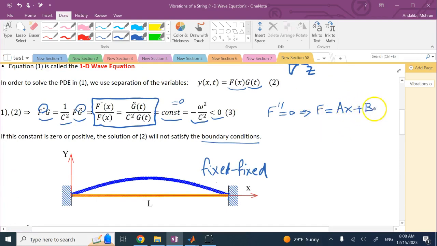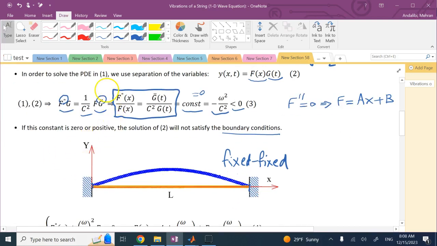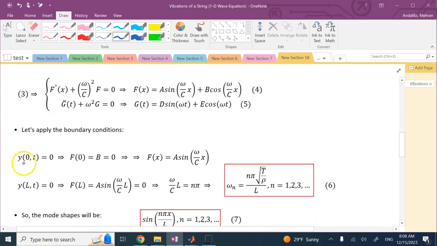And you need this f function to be 0 at the left side, and it should be 0 at the right side, because our boundary conditions are that y at 0 at any time is 0, and y at L at any time is 0. That means f at 0 has to be 0 and f at L has to be 0.